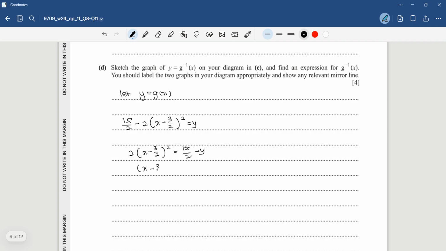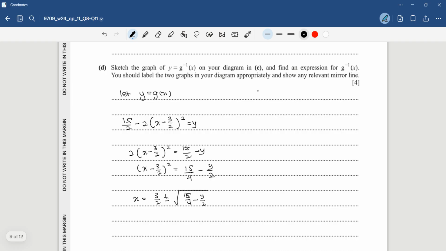So (x minus 3 over 2) squared is equivalent to 15 over 4 minus y over 2. Therefore, x is equal to 3 over 2 plus or minus the square root of 15 over 4 minus y over 2.